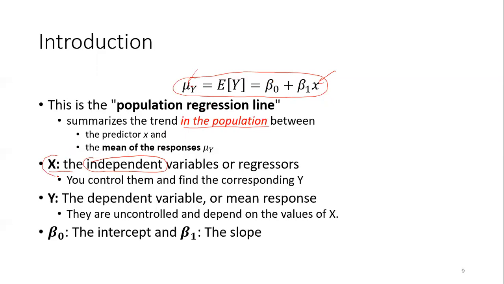So again, x is the independent variable or the regressor. What you do is control them and find the corresponding y. And y is the dependent variable or the mean response. They are uncontrolled and just depend on the values of x. Here beta 0 is the intercept and beta 1 is the slope.